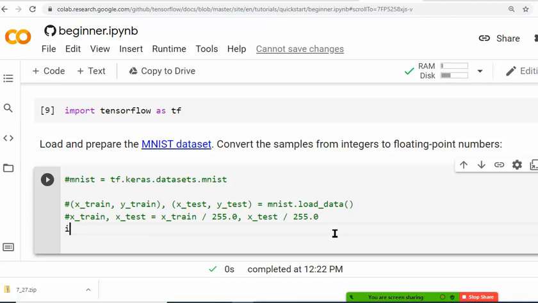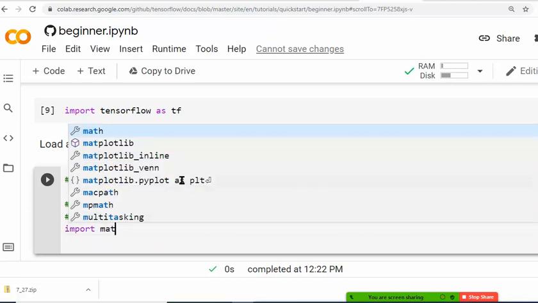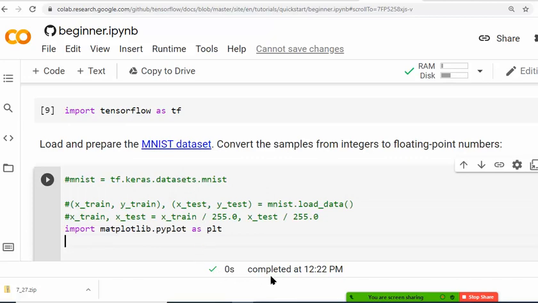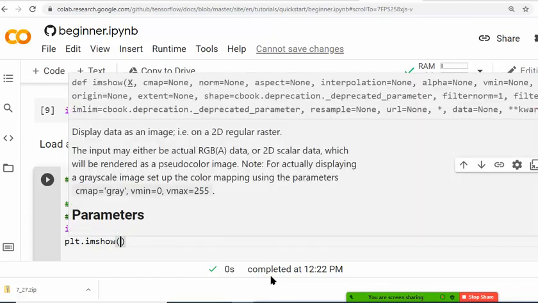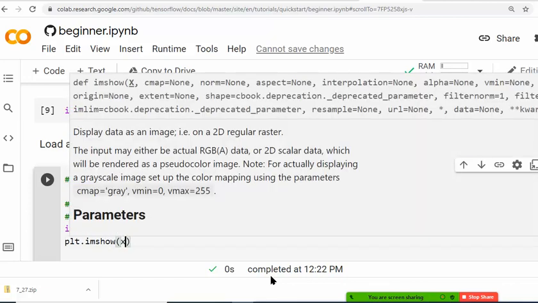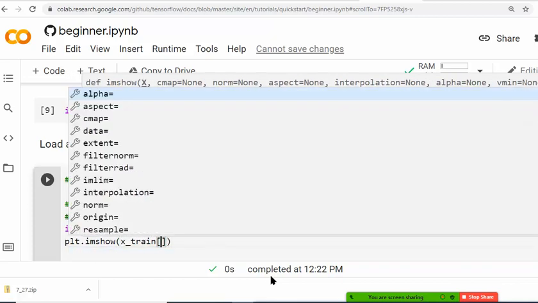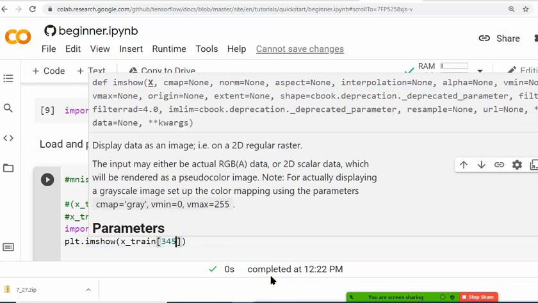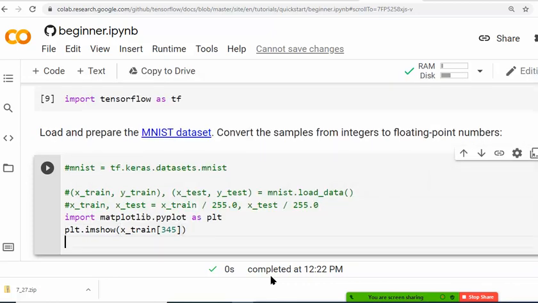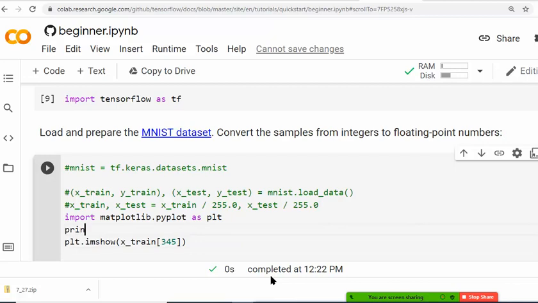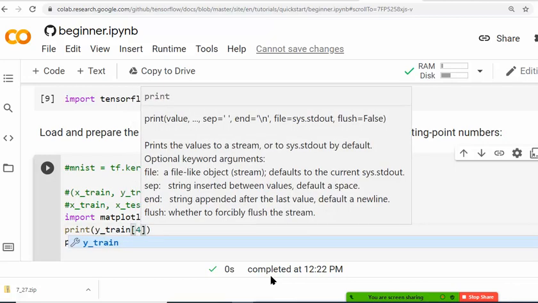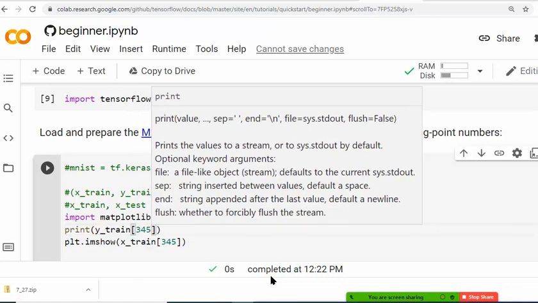So I'm going to import matplotlib.pyplot as plt, and I'm going to do plt.imshow, and then I can just choose some XTrain, and I'll just take one. I'll take 345. And let's see. So first I'll print ytrain of 345, and then do the imshow, and let's see what happens.